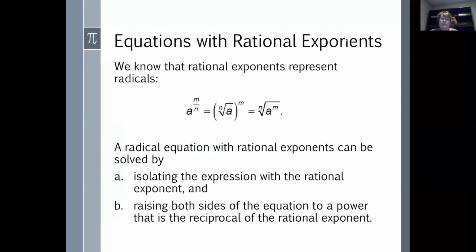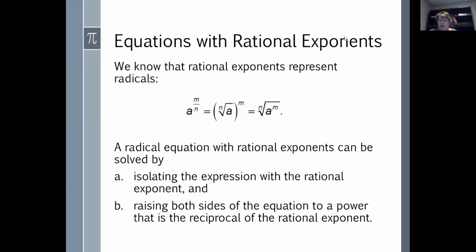If I have a to the m over n, I can evaluate that by taking the nth root of a and then raising that value to the power m, or I can take the nth root of a raised to the m power.